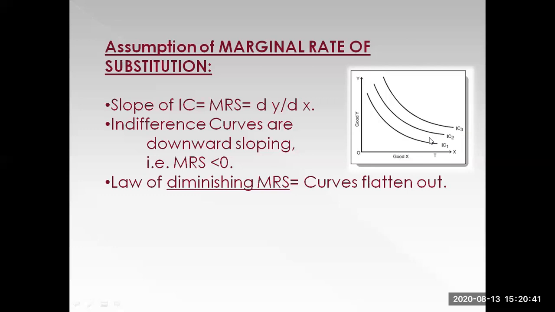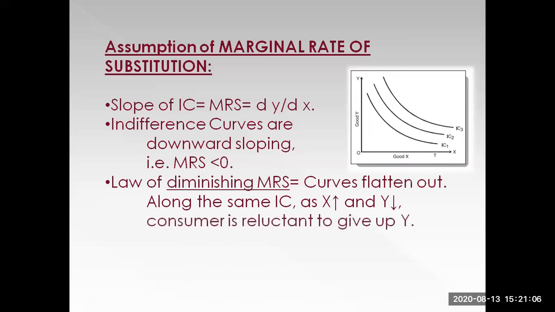Because along the same indifference curve, as I increase my consumption of good x, in order to remain on the same indifference curve, I need to decrease the amount of good y. And this exchange changes its rate. So the exchange of good x and good y changes the magnitude of the rate of change. And the consumer is reluctant to give up y.